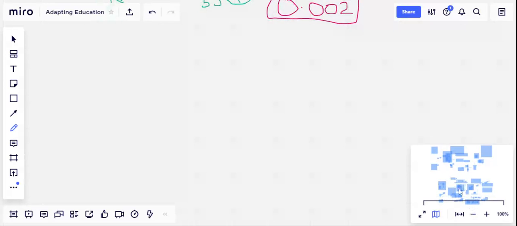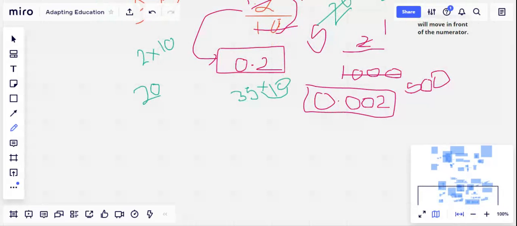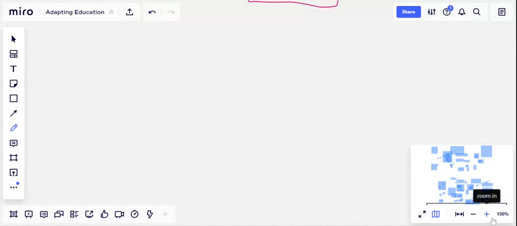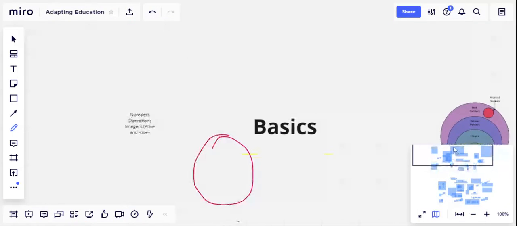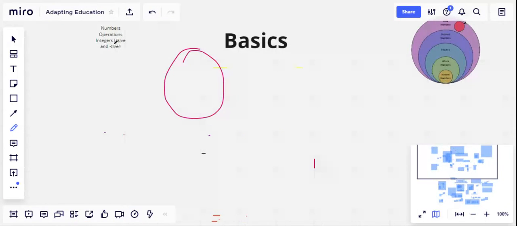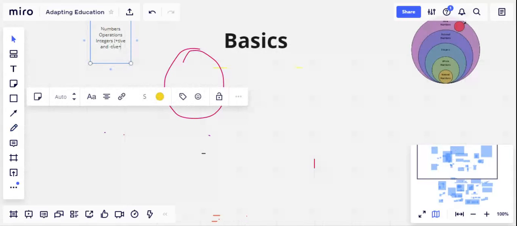Now what do we mean by percentage? First let us know that. We learned about fractions, decimals, and fractions to decimals.